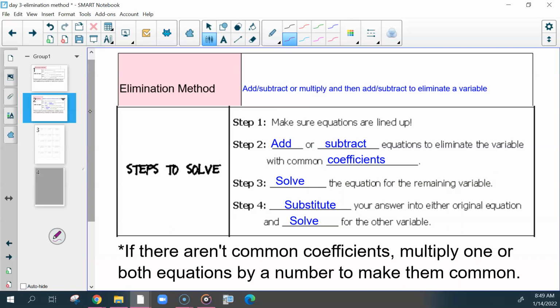But this wording may not make sense now, but it will when we do some examples. Okay, on the next page, does anyone still need this before I move on?